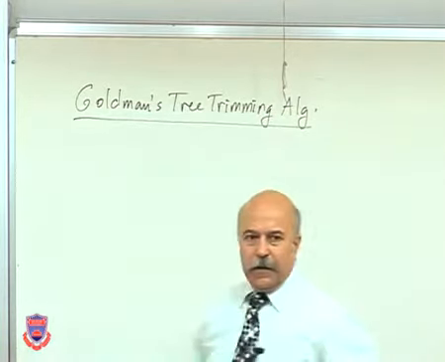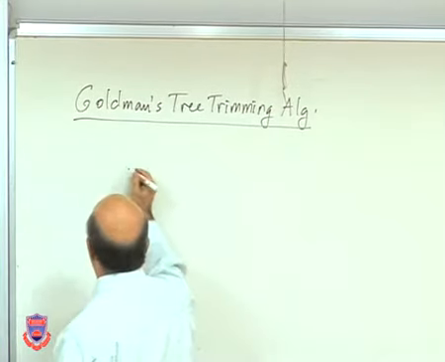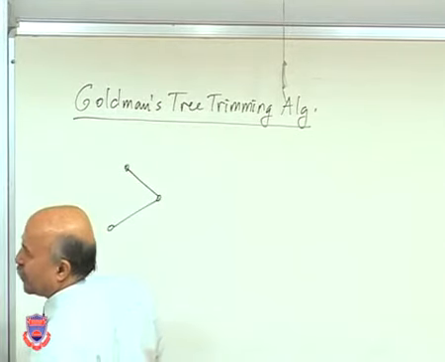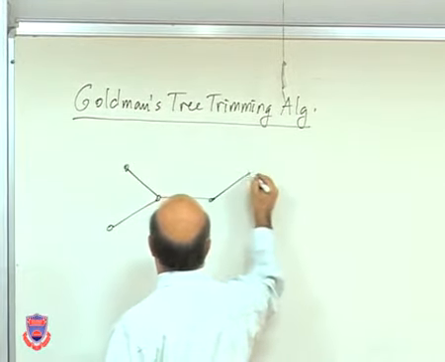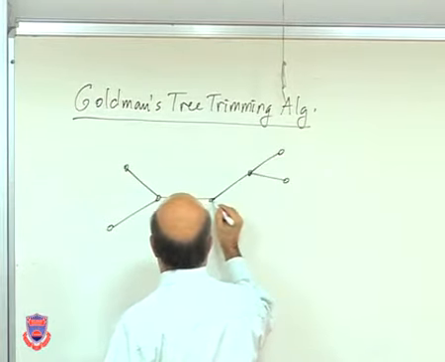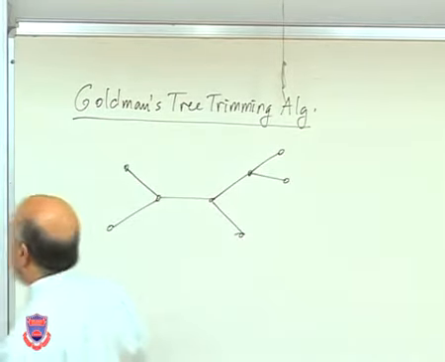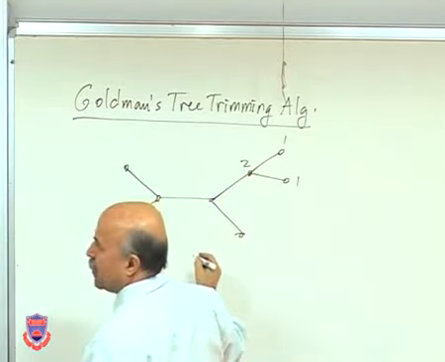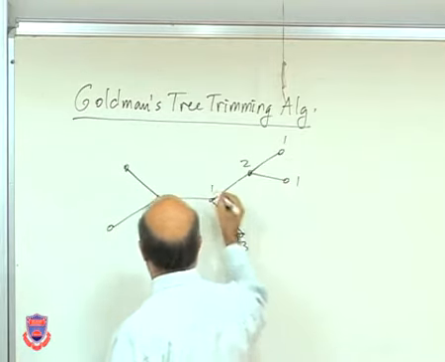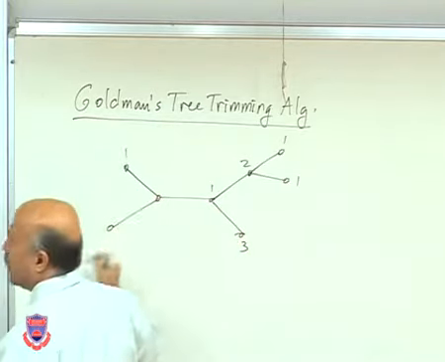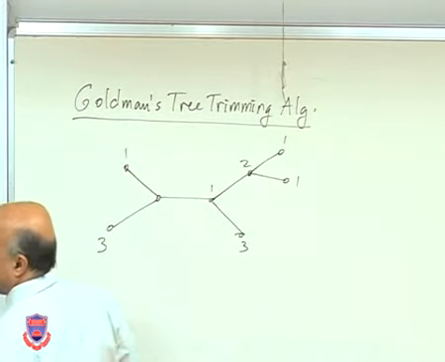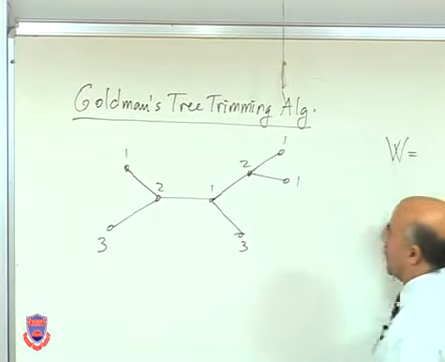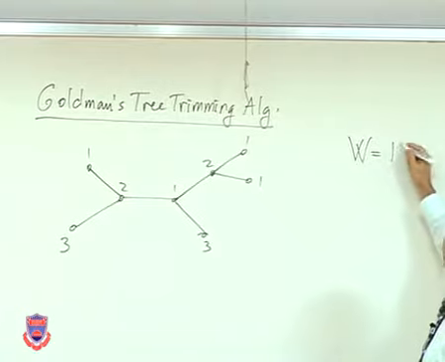So Goldman gave a tree trimming algorithm which computes the median for a tree network very efficiently. The total weight in this case is how much? 14.